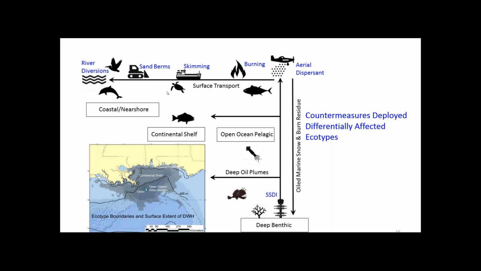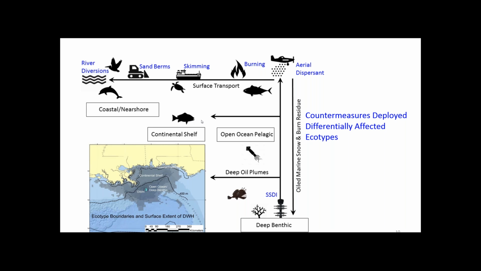So, for example, many of the things across the top are impacting the coastal nearshore area. Of course, it wasn't a coastal nearshore spill. The only way it got in there was transport at the surface. The spill was at the edge between the continental shelf and the deep benthic, and so you've got deep oil plumes that arose that were impacting the water column and certainly the deep benthic regions, and as well those plumes impacted the open ocean pelagic animals and then the animals on the continental shelf.